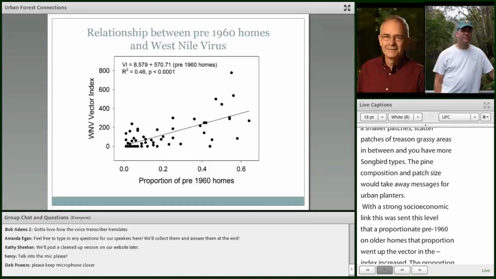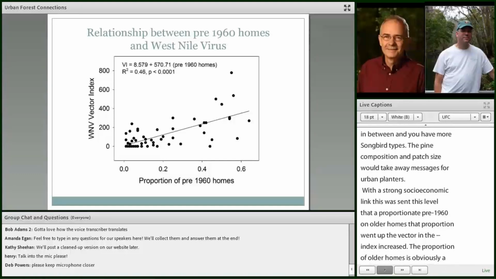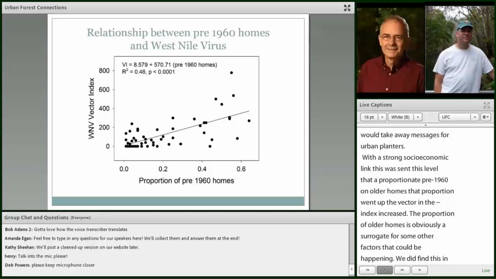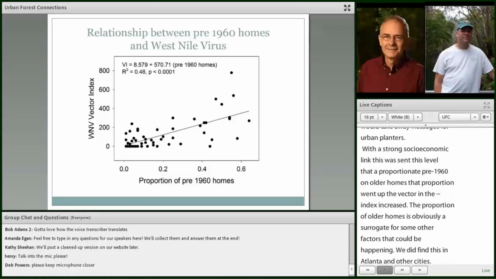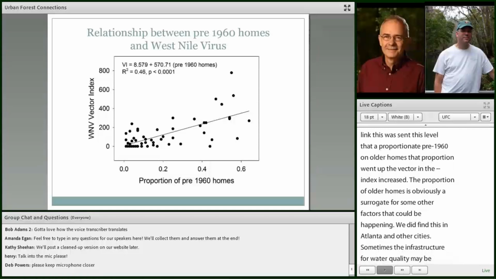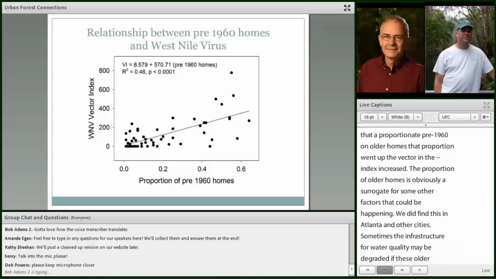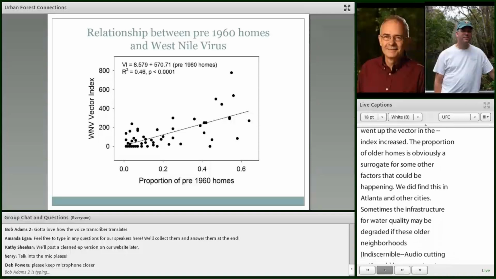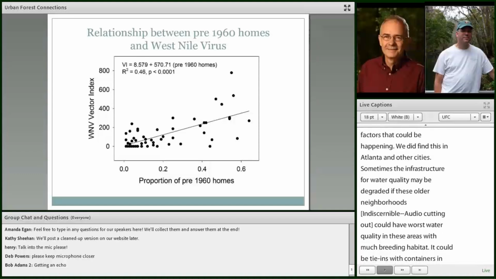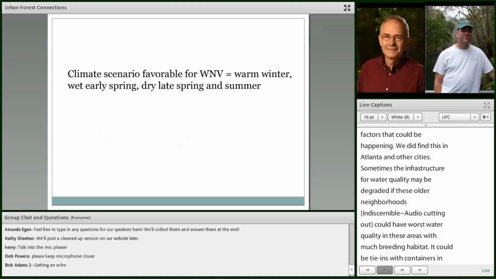We did find this in Atlanta and some other cities we studied, that sometimes the infrastructure for water quality may be degraded in these older neighborhoods, and so you could have worse water quality in these areas, which promotes breeding habitat. Again, there could be tie-ins with containers in the yards, open windows which let the mosquitoes in, but nonetheless, there's definitely a strong sociological linkage with the Culex.